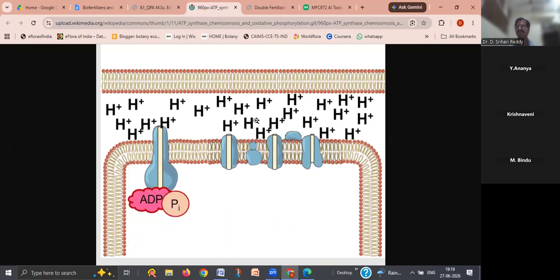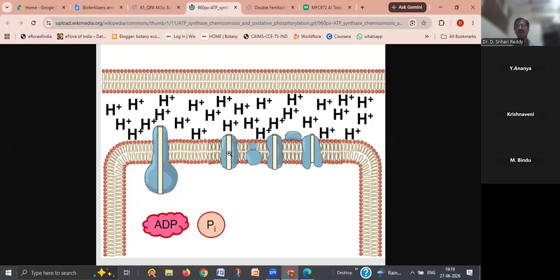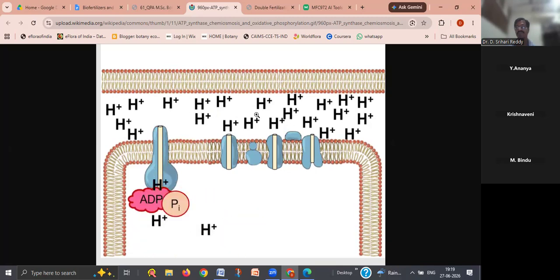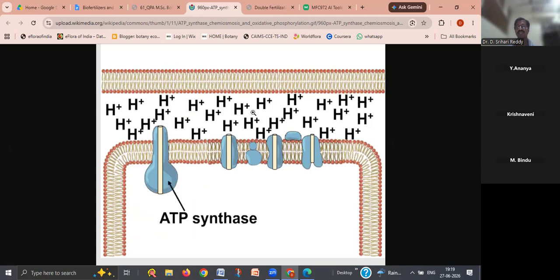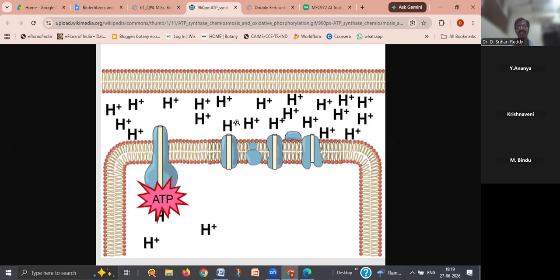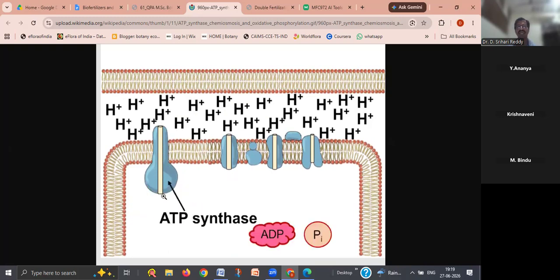So during the electron transport, what happens? The H plus ions move into the space between the two membranes, and they form the gradient. So they form the proton motive force, which forces the H plus ions back inside. At that time, protons are moving through the ATP synthase.